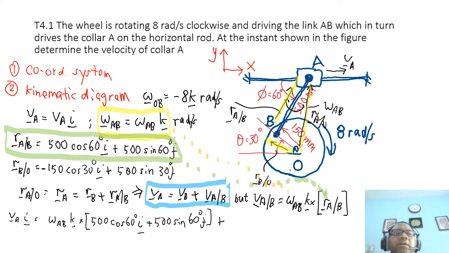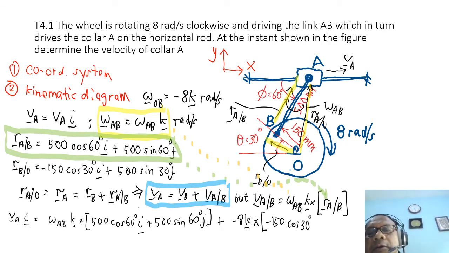VB is omega OB, minus 8k, cross minus 150 cos 30 degrees i plus 150 sine 30 degrees j. Oh, this is not 150, this is 150 sine 30 degrees.